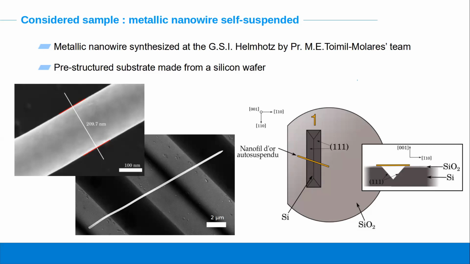So as you can see on the scheme or on this image, on a very large portion of the nanowire, there is no contact between the nanoparticle and the substrate. And since we are investigating breathing mode, so purely radial mode, we can assume that there is no energy loss for this mode in the substrate.